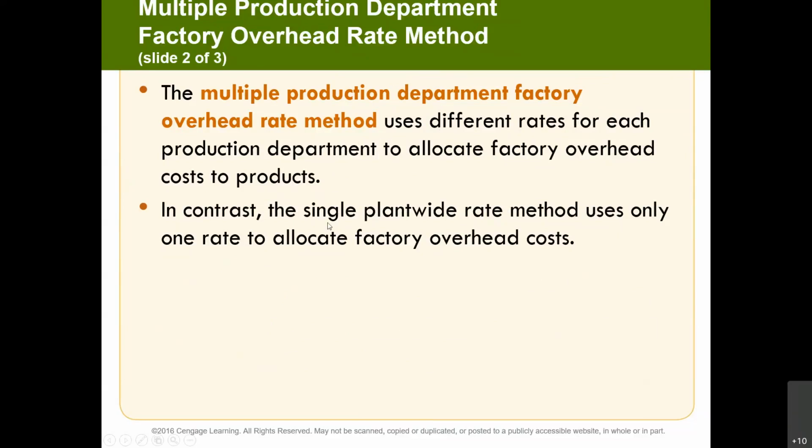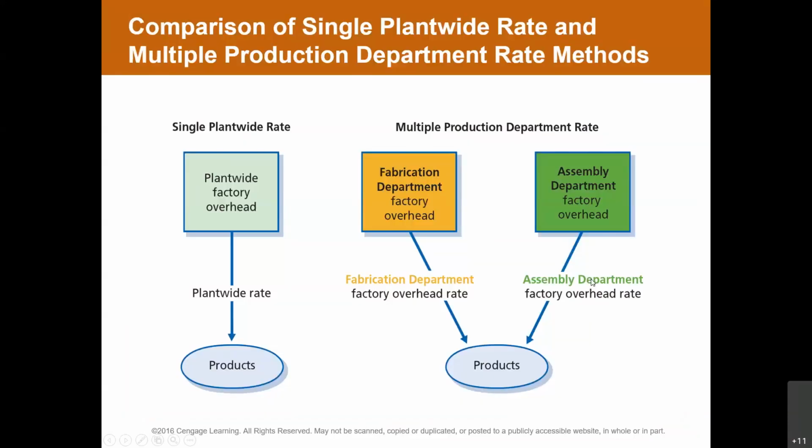In contrast, as we already know about the single plant-wide rate, it uses only one rate for the whole factory. So in other words, with multiple departments, each department has its own rate. In a single plant-wide method, there's only one rate for all departments.